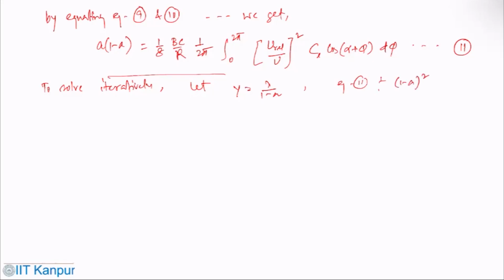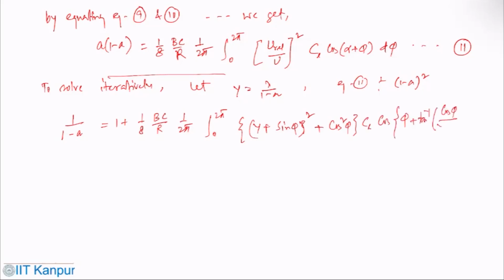Then you also use equation 4, with sine phi whole square plus cos square phi, sine phi d phi. This is a little bit complicated.